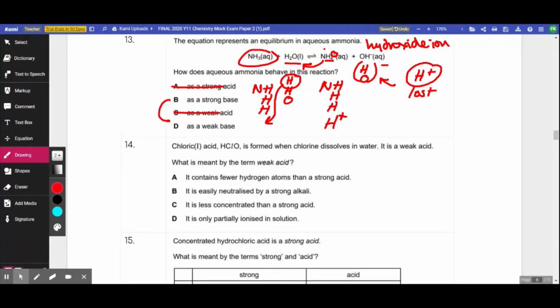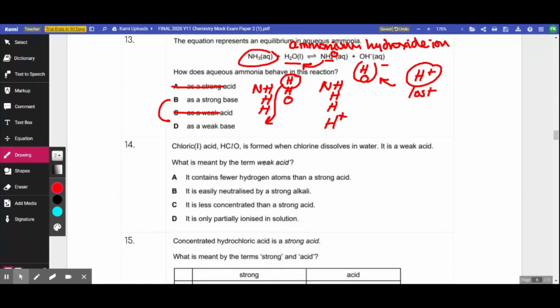The ammonium ion, this ion over here, I have to make it very clear, has a tendency to dissociate back and lose its extra proton.